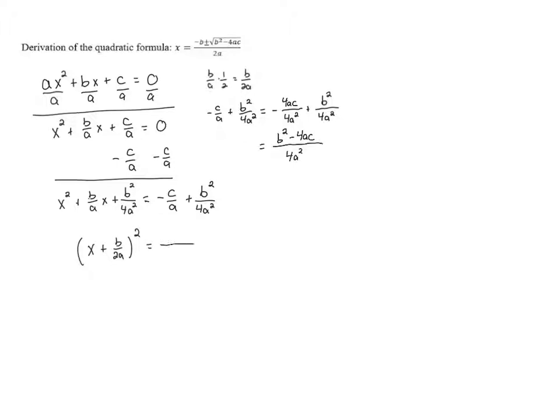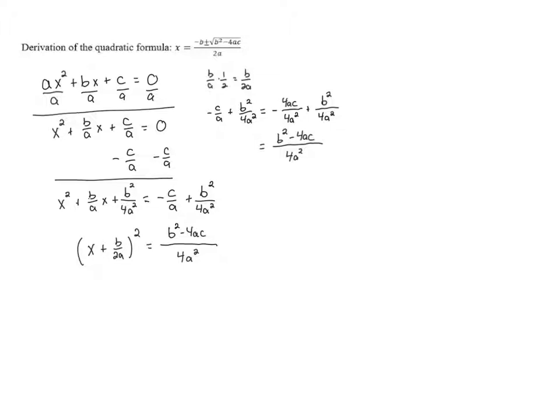And so when we add those fractions together, we get b squared minus 4ac over 4a squared. Now, if you're looking up at the quadratic formula, there's a b squared minus 4ac up there, and we've got a b squared minus 4ac down here. So we're on our way to getting there.